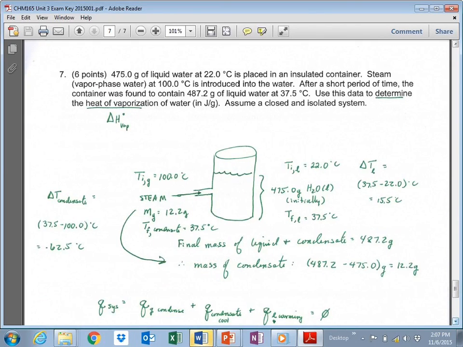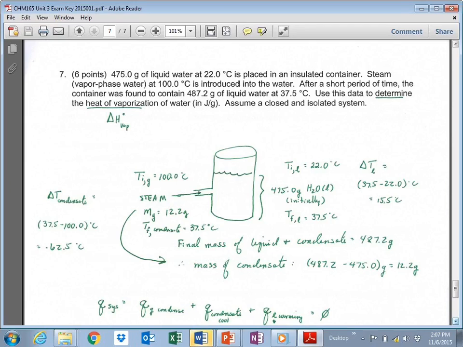So this last one, actually we had three things going on. You had a certain amount of steam. I just put the letter G here for steam because it's in its gas state. A certain amount of energy was released as that condensed, and then that condensate needed to cool, and then actually your body of water, which is 475 grams of water, will heat up and meet a common temperature.